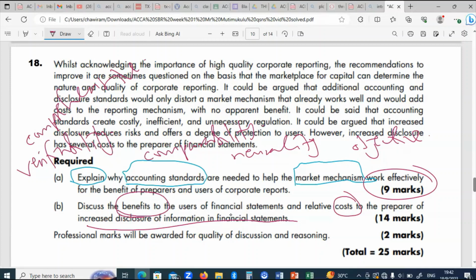For example, you need to outline the reasons why increased disclosure is important, let's say, to a lender. All right, why would a lender be interested in full disclosure? The lenders, for example, would want more information about the risks associated with investing in a particular company, right? Something like that.